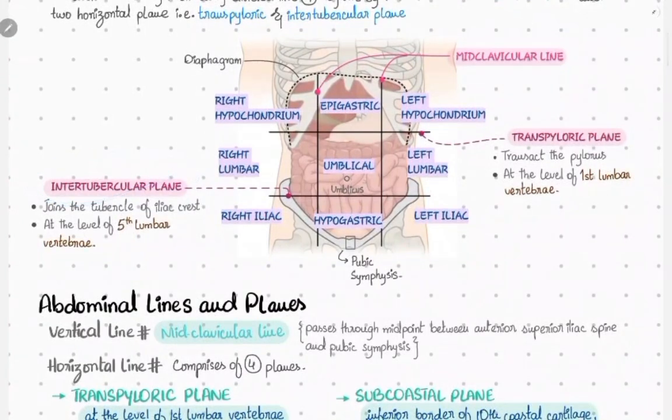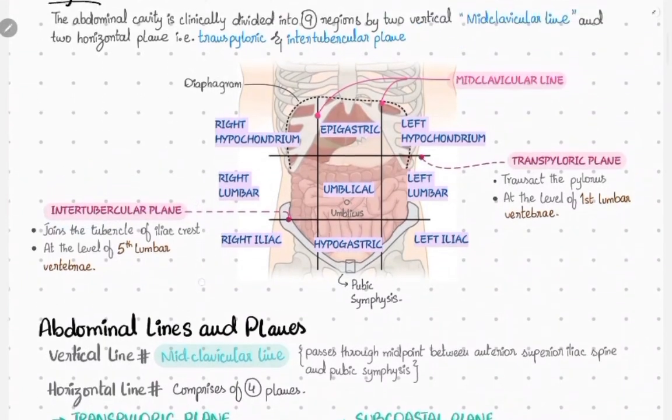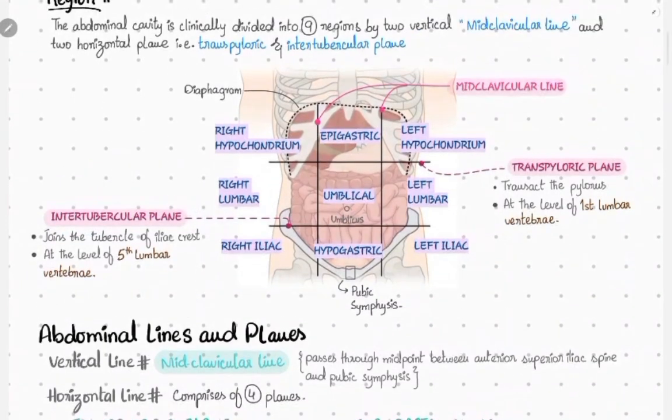The second horizontal plane that divides our abdomen into 9 regions is the intertubercular plane that joins the two tubercles of the iliac crest lying at the level of fifth lumbar vertebra.